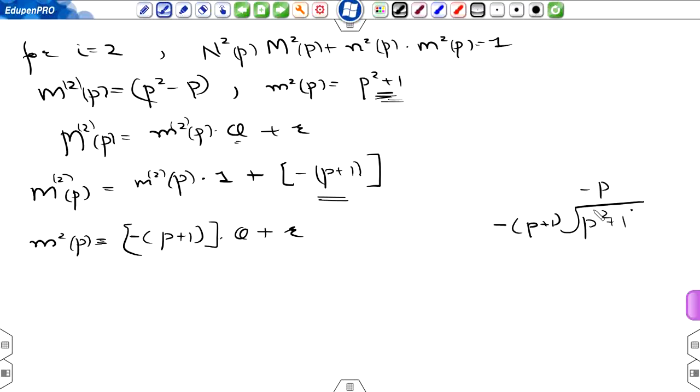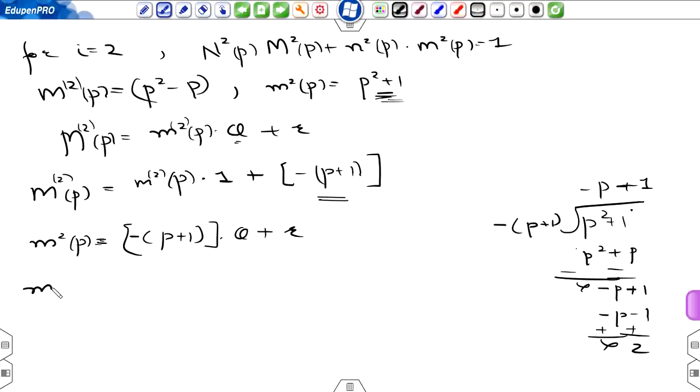So minus p, this is p square plus p, and minus we have minus p plus 1 and plus 1, so minus p minus 1, so remainder is 2.